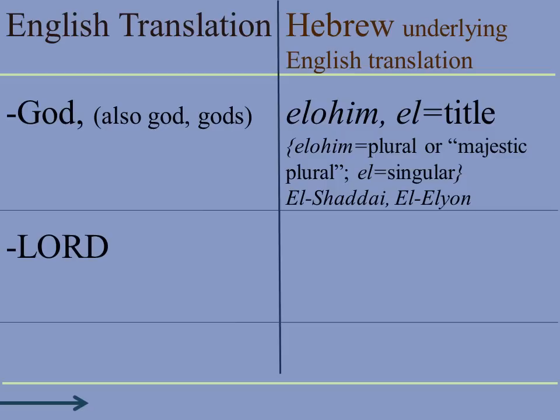Lord in all caps. The Hebrew underlying this English translation is Yahweh. This is the very name of our deity. Our God reveals his name distinctly in Exodus 3 to Moses. Moses questions God, "Who are you? How is it that you are known?" And our deity responds with this famous expression, "I am who I am.